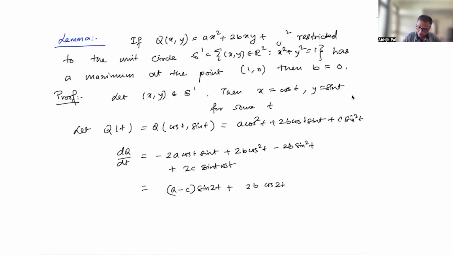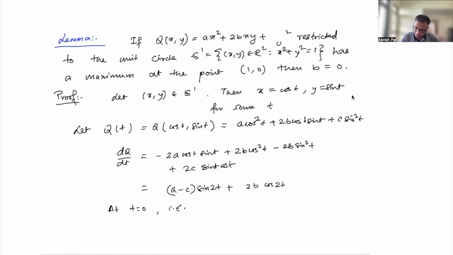We have assumed that q is maximum at (1, 0), that is, at t equals 0.